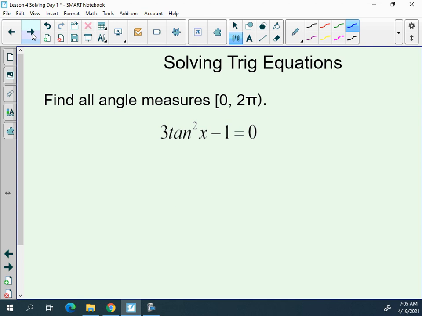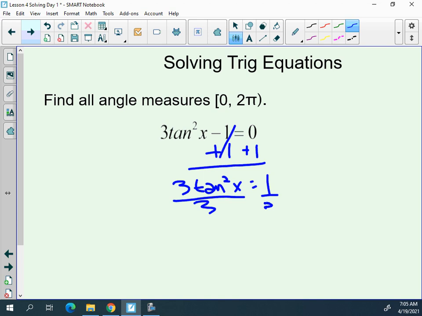All right, here's our first quadratic, because there's a squared. So we're going to add 1 first to both sides. We're going to divide both sides by 3. And now, to get rid of the square, we're going to square root both sides.